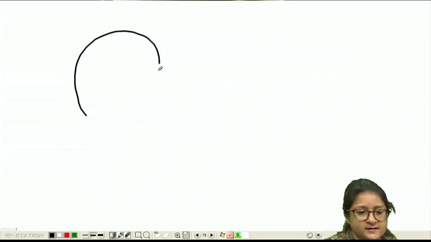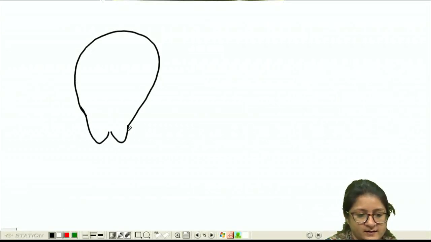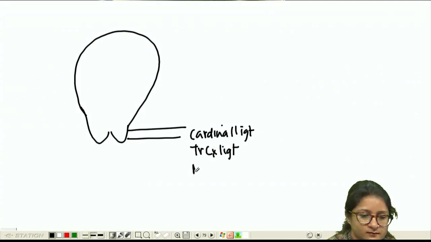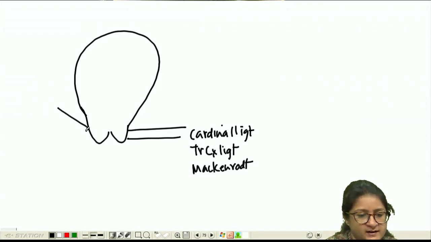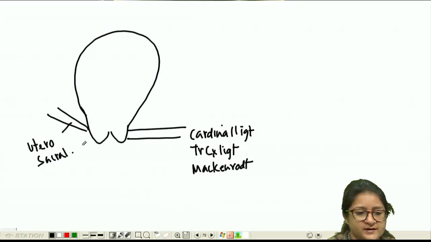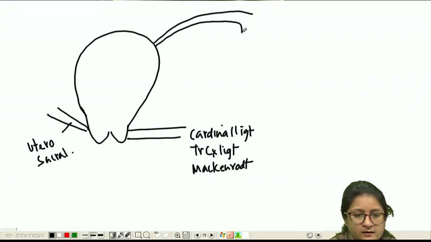So supposing there is this uterus and there is this cervix, this is the cardinal ligament or the transverse cervical ligament or the Mackenrodt's ligament, right? Then posteriorly there are going to be the uterosacral ligaments. Then this is the tube, this is the round ligament.